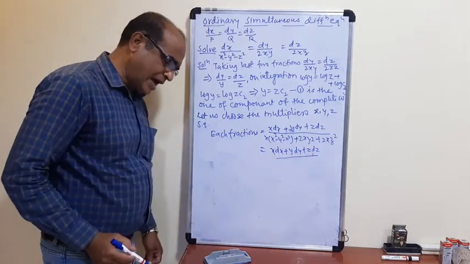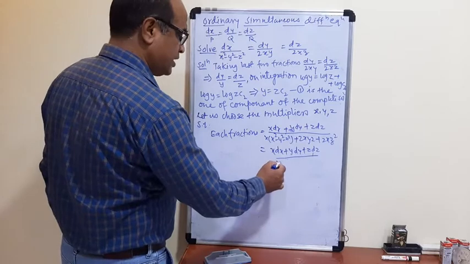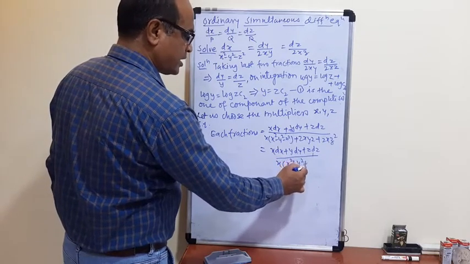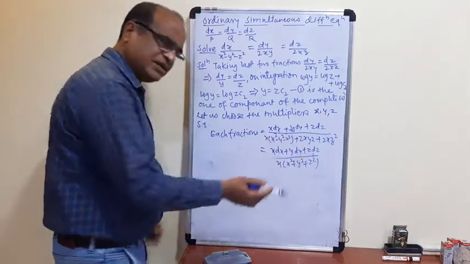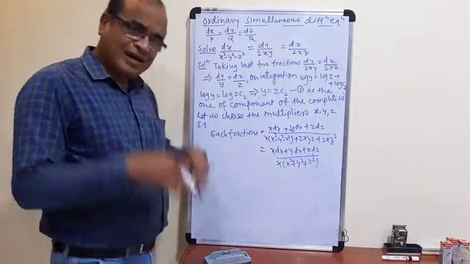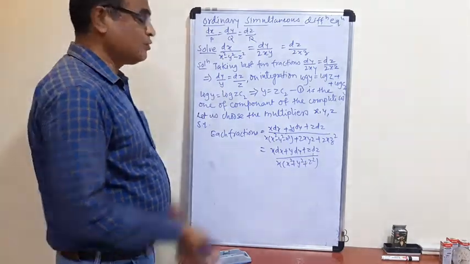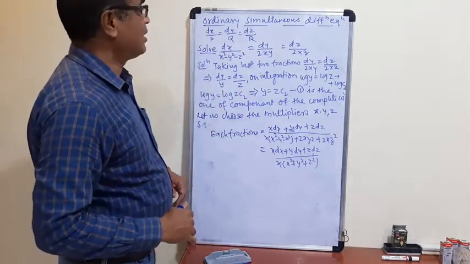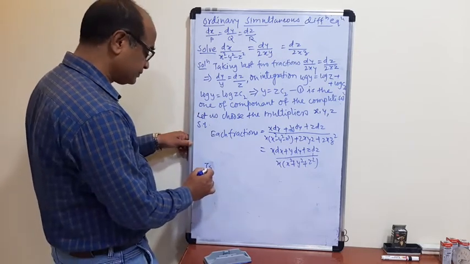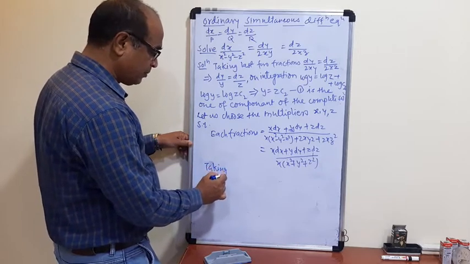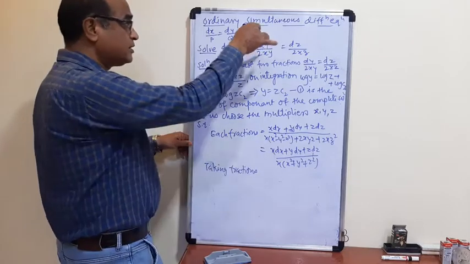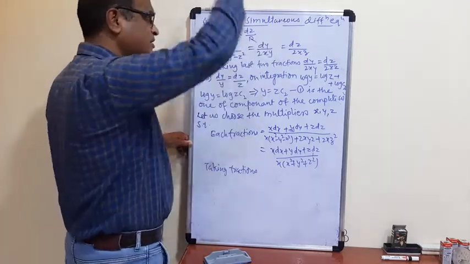So we get x into bracket x square plus y square plus z square. After simplification, it is very simple. So this is not a 0. So we make other fractions here. Now we have to solve this, taking fractions, which fractions? These fractions or these fractions, you can take any.